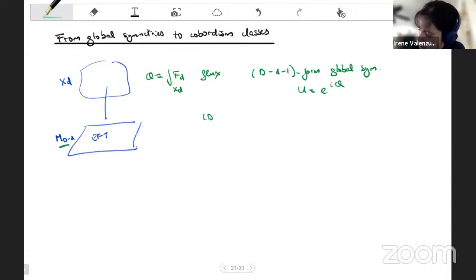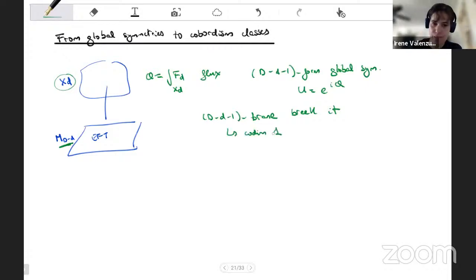So if we add D minus 1 branes, this will break the symmetry. Okay. Now, from the perspective of the lower dimensional theory, if I am compactifying on this XD manifold, this is a codimension 1 object, right?